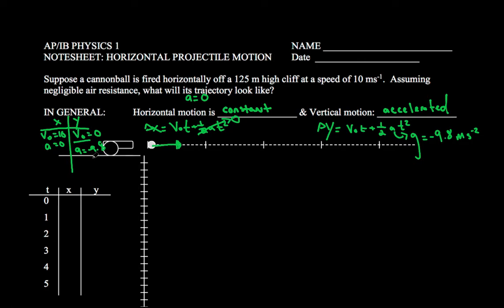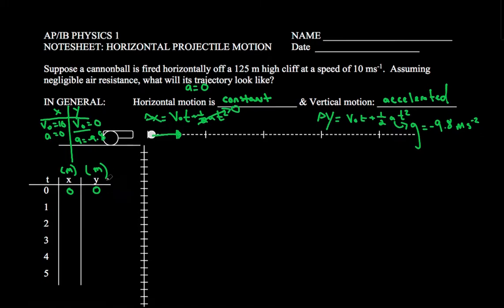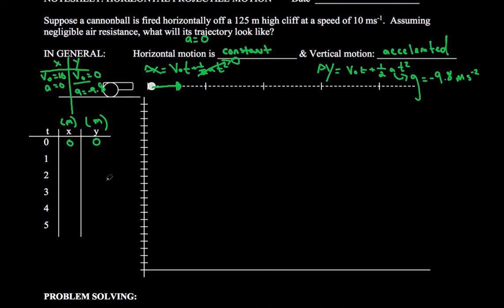What we want to do for this object is plot where it will be at these various times. After 0 seconds, it didn't move left or right, and it didn't move up or down. So these are both my positions, my x position and my y position, in meters. If I scroll down here, you can see that a little better. In the x direction, it's actually pretty easy.